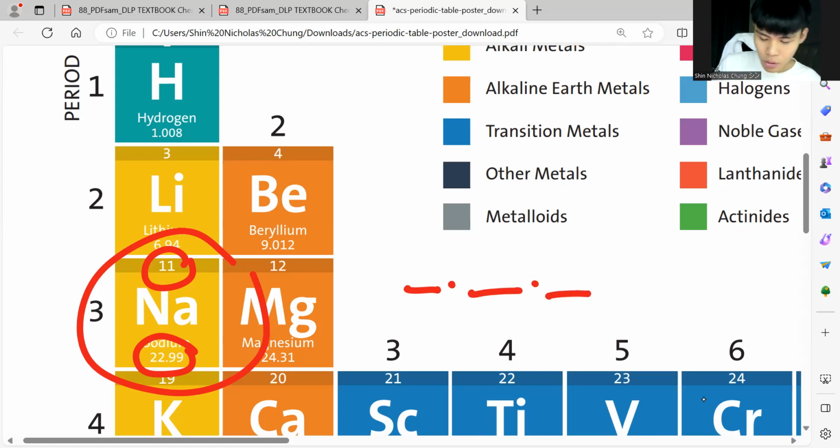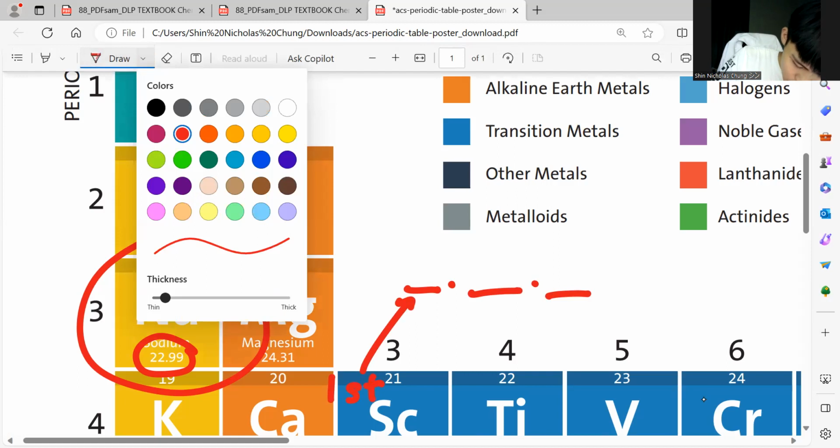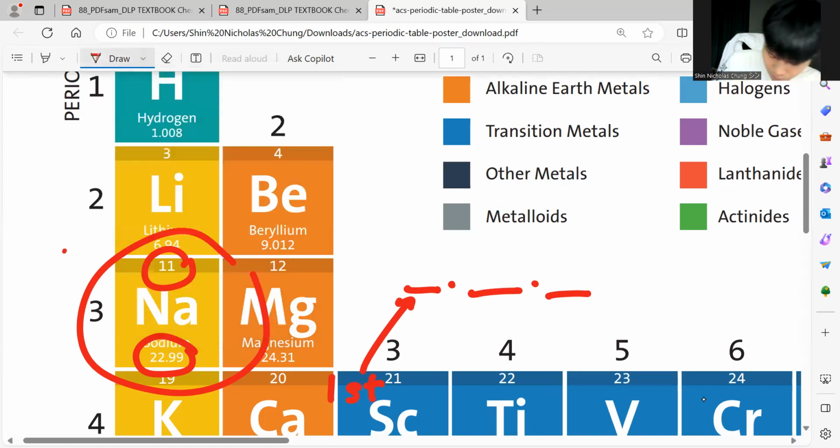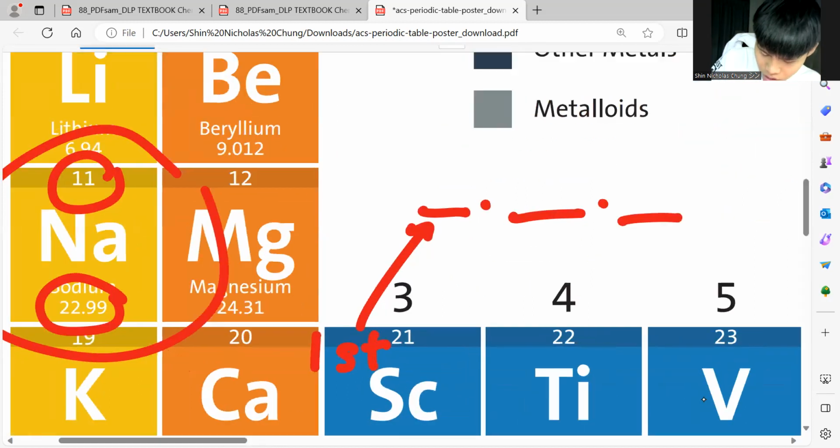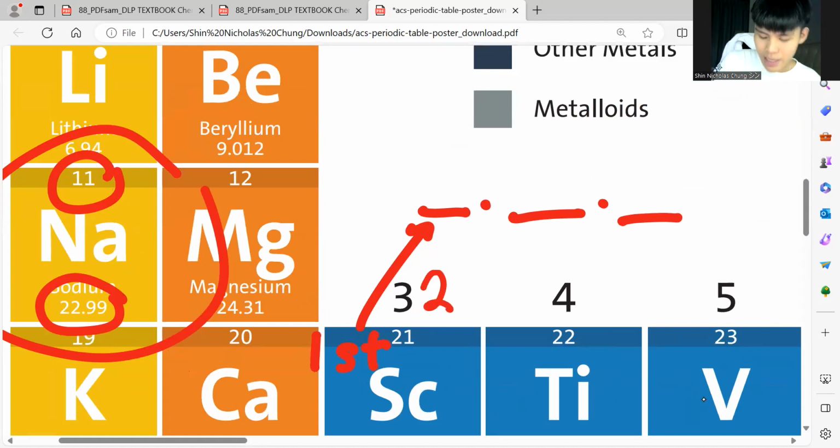So 11. The first thing you need to know is the first shell, the maximum electron is only 2. The second shell, the maximum electron is 8. The third shell, the maximum electron is also 8.